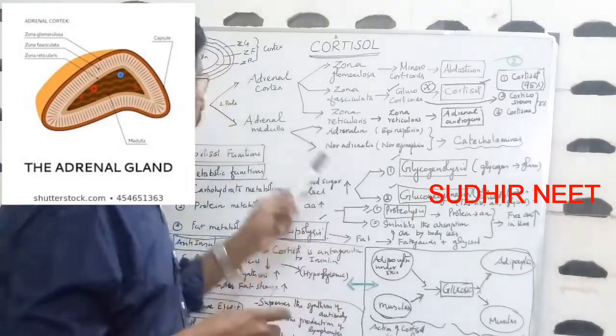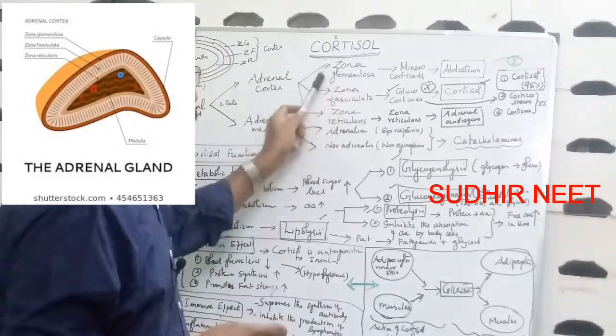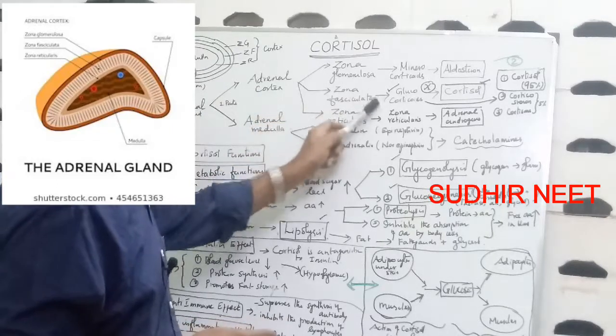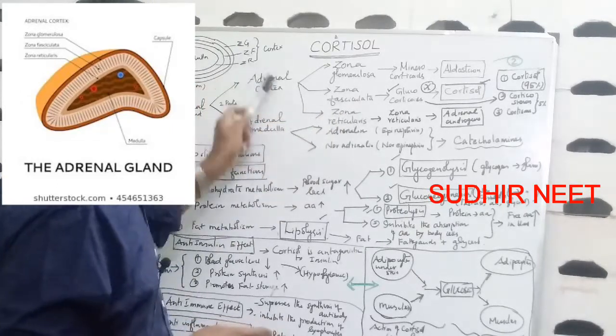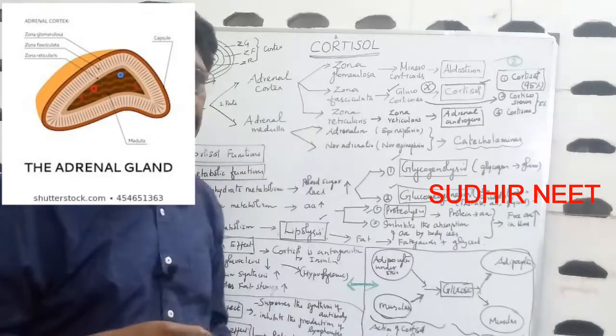The cortex region is divided into three parts: one, outer zona glomerulosa; number two, middle zona fasciculata; and then inner zona reticularis.